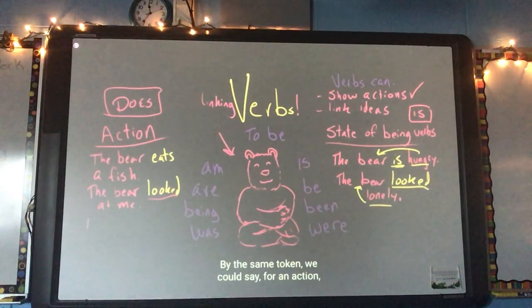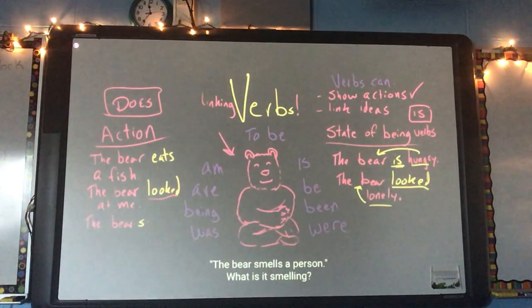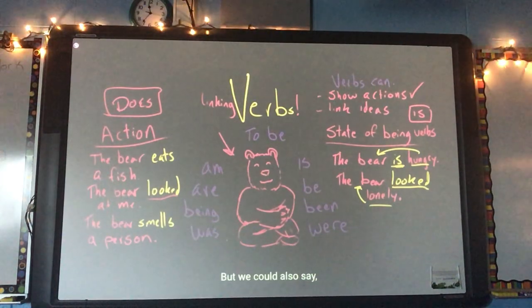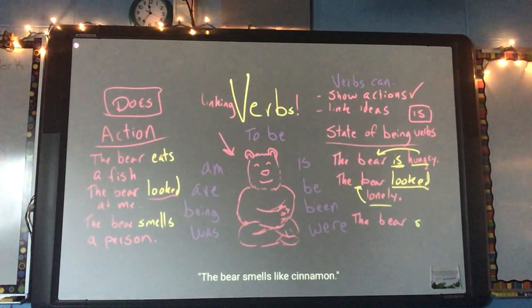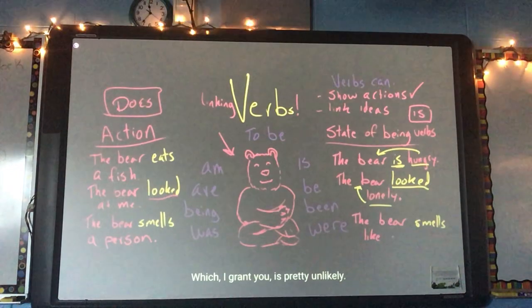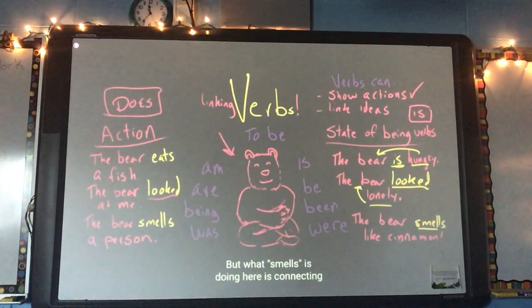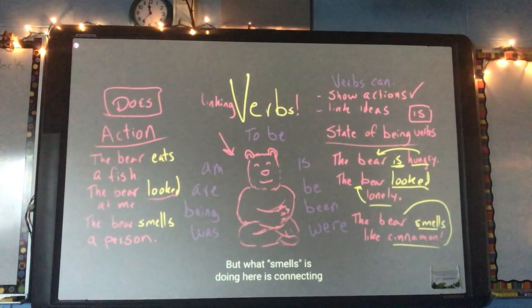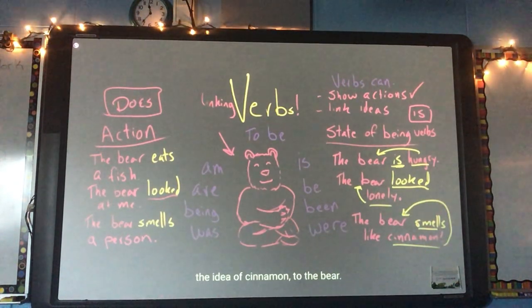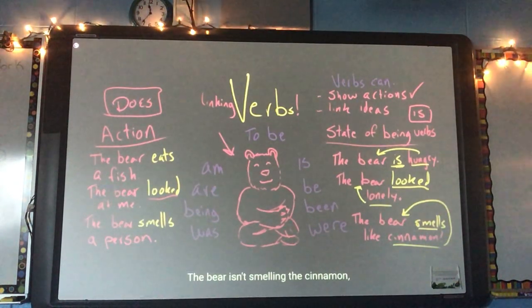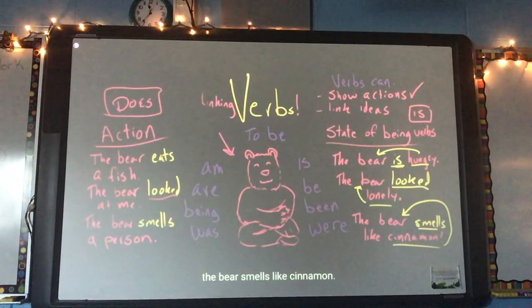By the same token, we could say for an action, the bear smells a person. What is it smelling? A person. But we could also say the bear smells like cinnamon, which I grant you is pretty unlikely. Don't go smelling bears. But what smells is doing here is connecting the idea of cinnamon to the bear. The bear isn't smelling cinnamon, the bear smells like cinnamon.